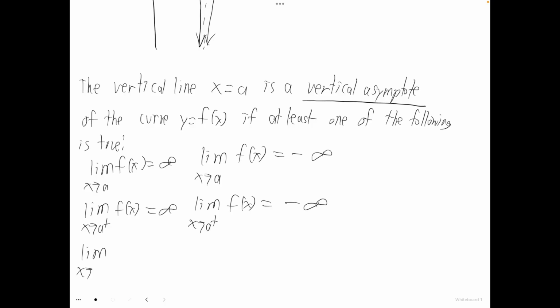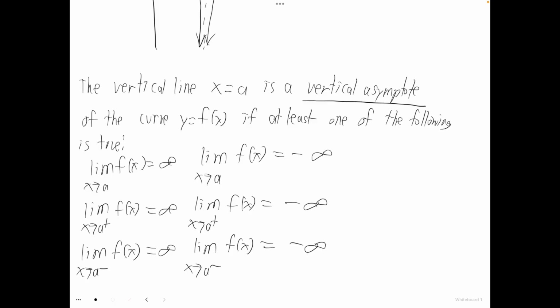The limit as x approaches a from the left of f of x could be infinity, or negative infinity. And so if any of these 6 limits holds true, we say that we have a vertical asymptote.